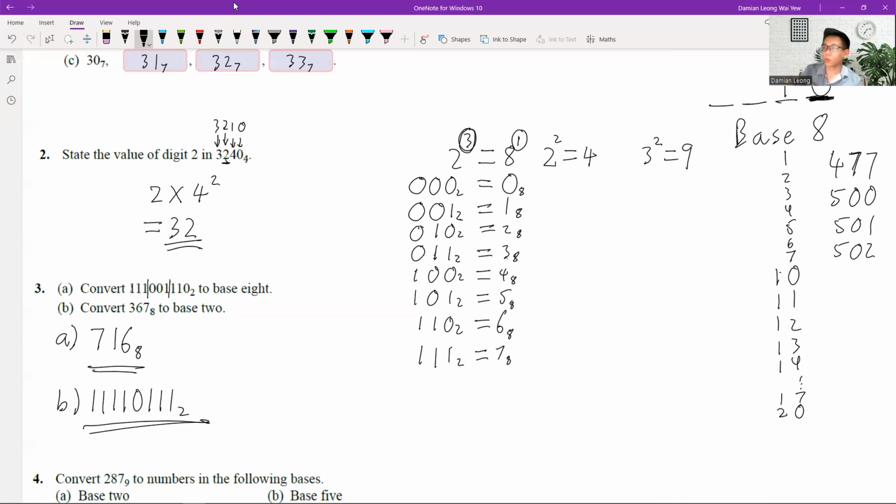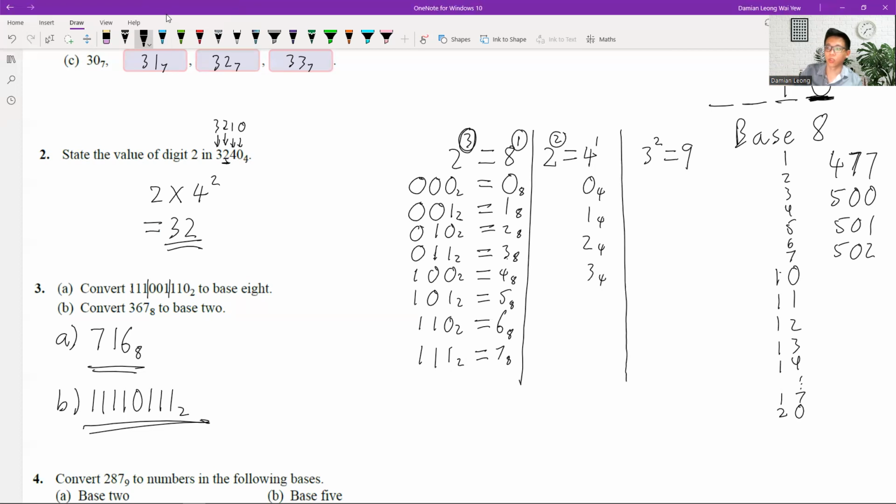So for base 2 to base 4, base 3 to base 9 is the same principle. How do we convert them? Basically, because it's power 2 and power 1, so it's 2 digits. Okay, every 2 digits in base 2 is 1 digit in base 4. So base 4, 0 to power 0 in base 4, 1 in base 4, 2, 3.